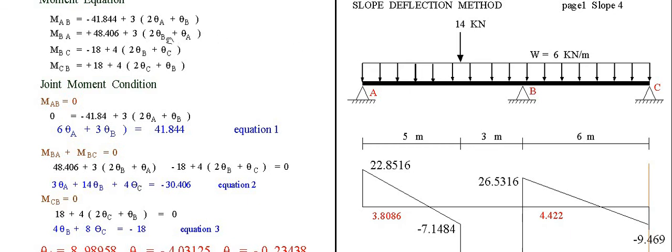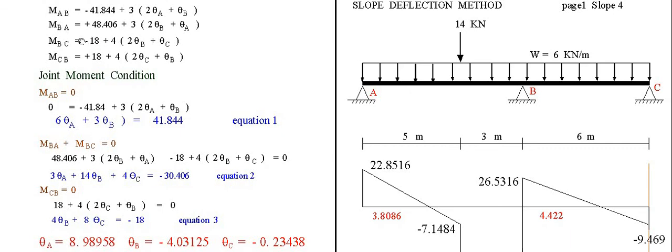These two have the same magnitude but opposite in sign. I am sure BC is negative. If we substitute the value of theta, BC is negative here and BA is positive here. Equal in magnitude but negative here, positive here.